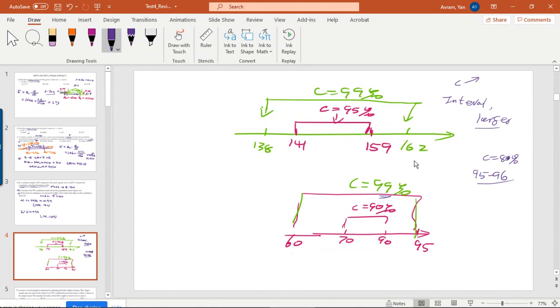All right. So if we give you a big interval, your confidence level will increase, right? And if I ask another person how confident they are that they'll test between 70 and 90, well, 70 to 90 is a smaller interval than 60 to 95. So some people say I might not have 99%, I might just have 90% confidence.